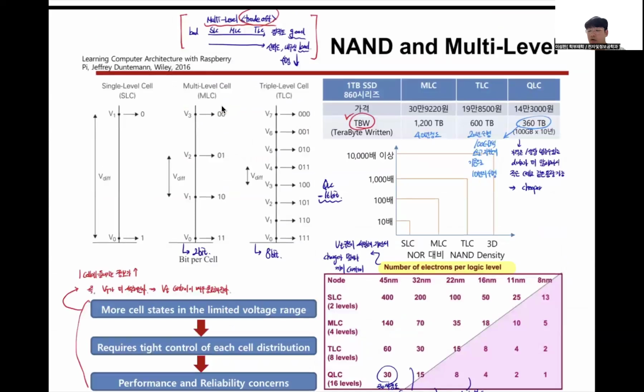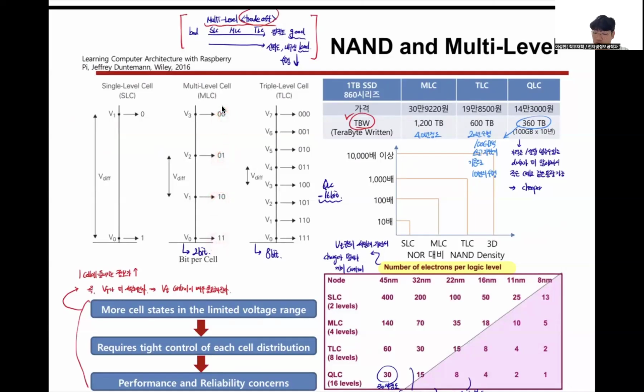And I told you about the multi-level. SLC means one cell holds one bit of information, but MLC can carry two bits, so it has four states.